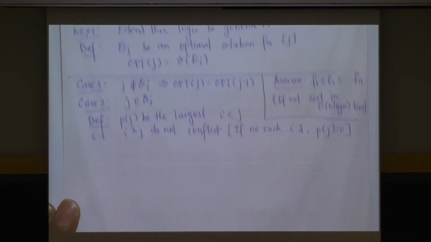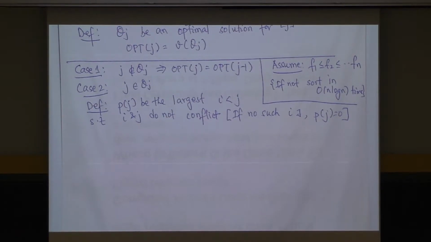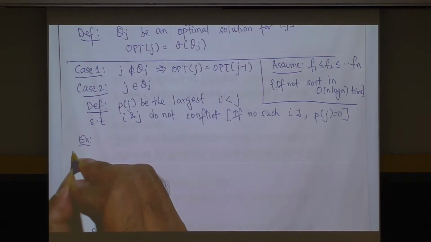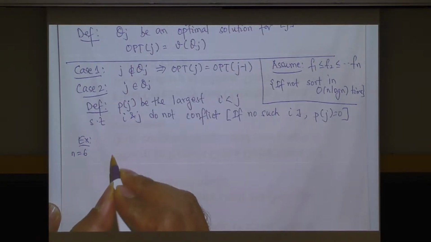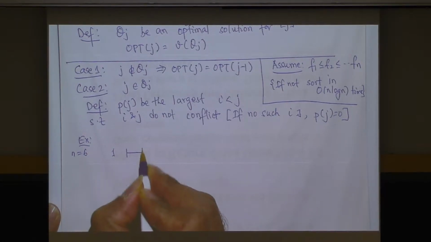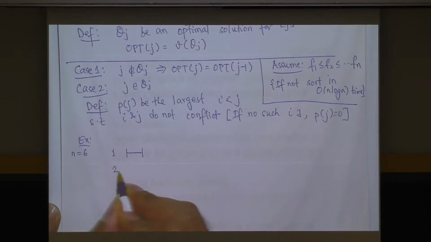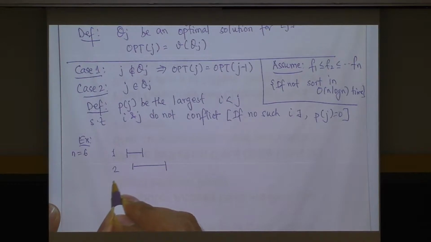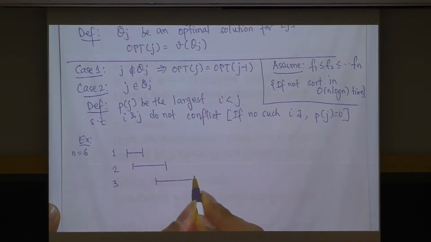So kind of to help you settle the definition in your head, I'll just go through an example. I'm actually using the example from the book itself. So this is an example with n equal to 6. Here's the first interval. Here's the second interval. The third interval.